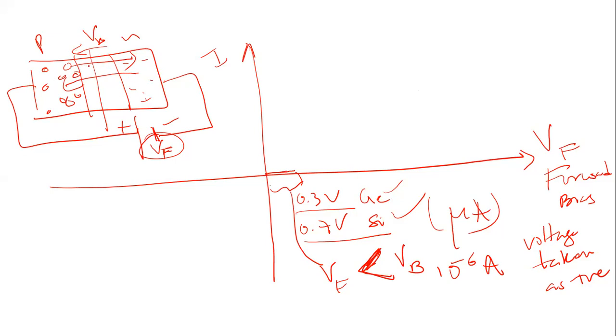Therefore, it cannot climb over the potential barrier, and the electrons cannot be transferred to the p side, and there is no electrical current due to transfer of majority electrons from the n side to the p side. And similarly, under this biasing voltage, which is less than the barrier potential, you are not able to transfer holes from the p side to the n side.